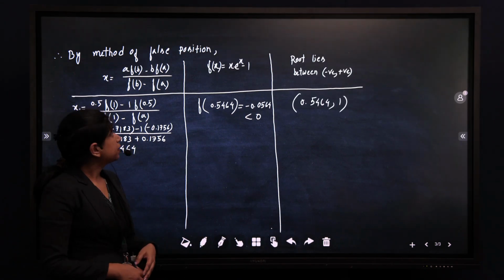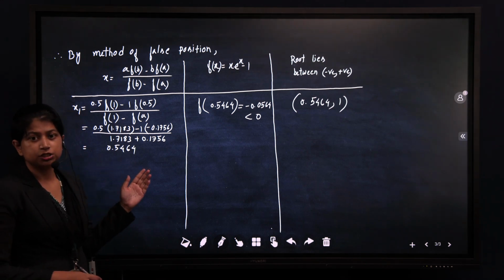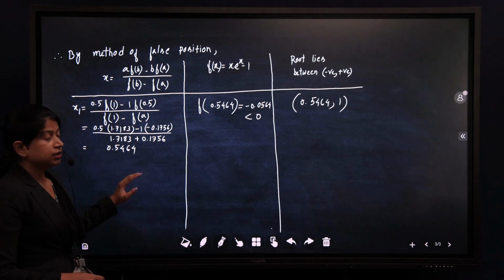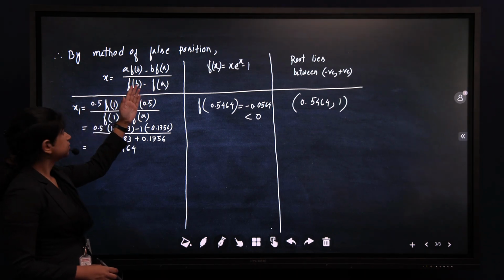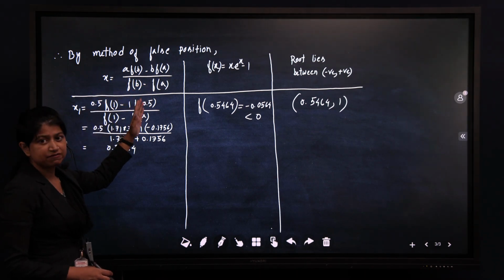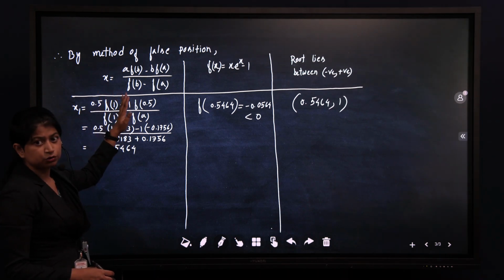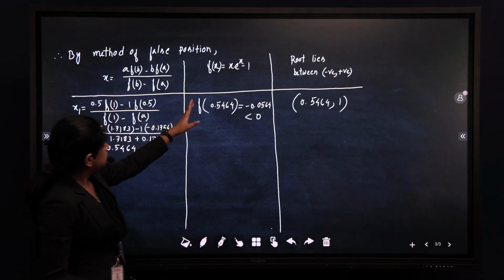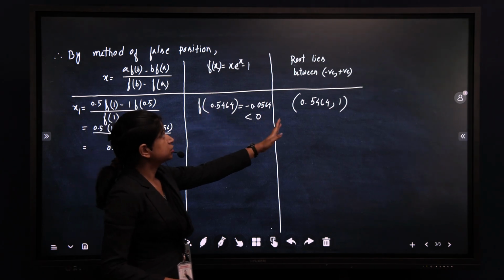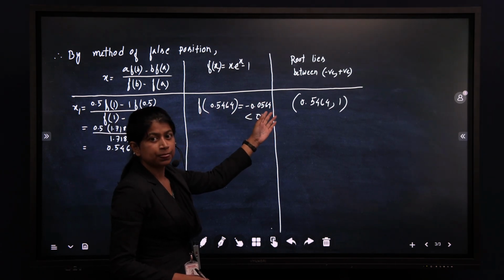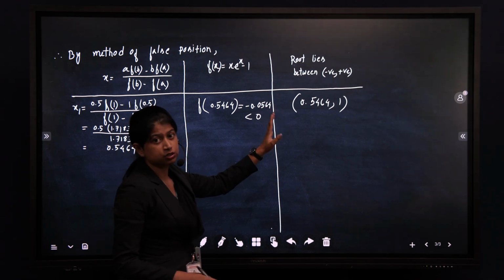Okay. So by method of false position, we are preparing a table. For the first column, x equal to a f of b minus b f of a divided by f of b minus f of a. That is the approximate root. And then f of x is given as x e power x minus 1, and the last column is which interval the root lies in, negative, positive.